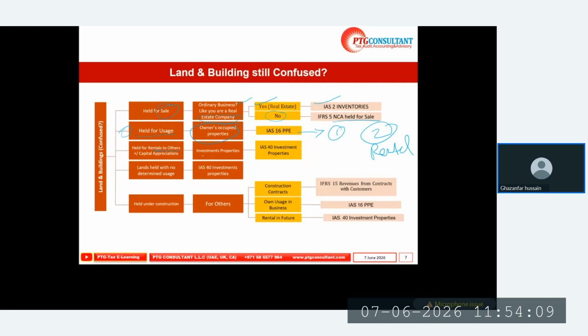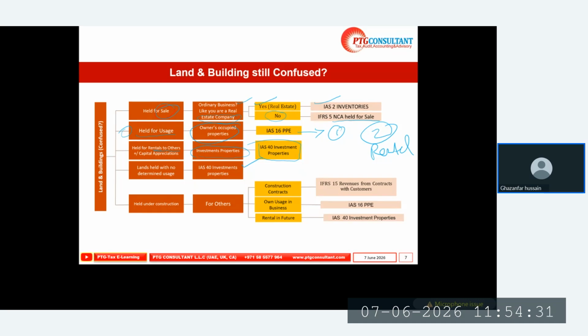So we are saying, okay, this is the investment. These units are treated as per the investment property, IAS 40. Lands held with no determined usage are also IAS 40; if we did not classify, then it also comes under IAS 40.